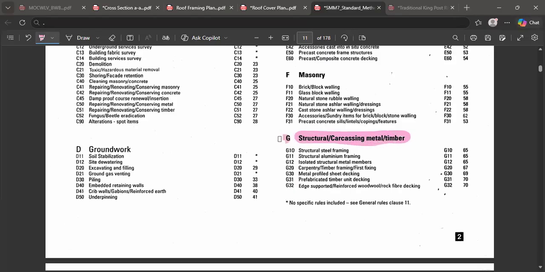And under the G, what we are looking for, we can just quickly look for it. This is structural steel framing. This is aluminum steel framing. We have carpentry, timber framing, and first fit. So we can even consider this one. That is page 67 and it is G20.